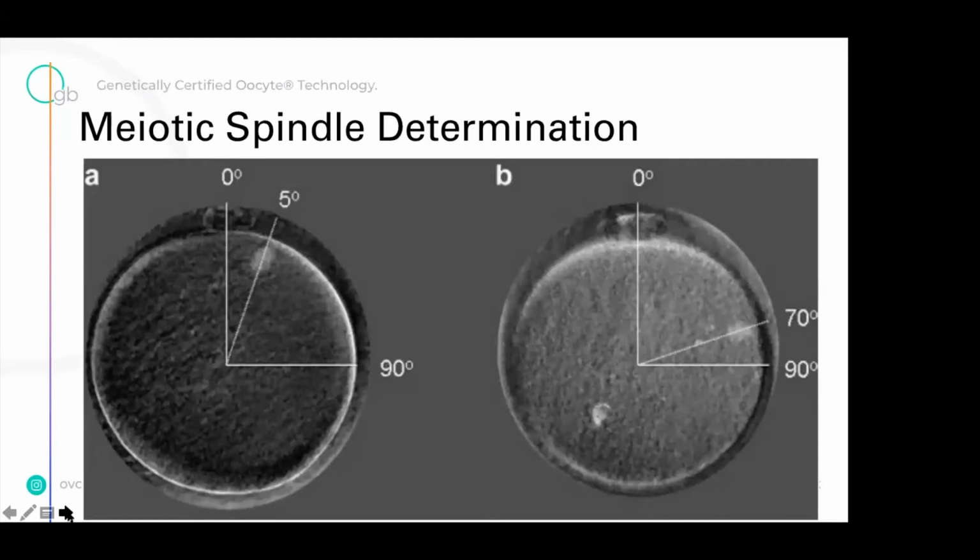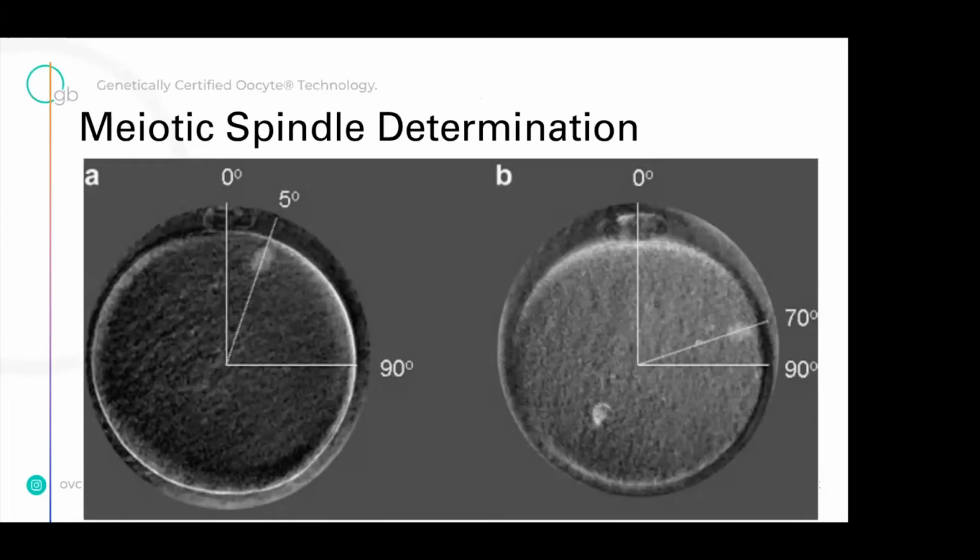So this is how we give information to our customers if they have requests. When we take the real-time photo image, the system makes this graphic for you. When you put the oocyte under the microscope, you find out the exact angle of the spindle, and it will be so easy for you to determine where the meiotic spindle is, and you will choose the place of ICSI according to the meiotic spindle place.